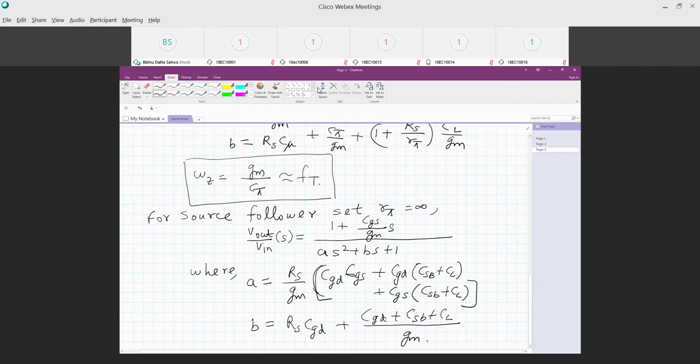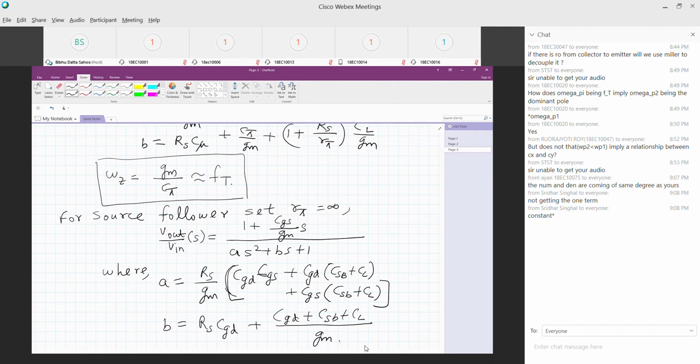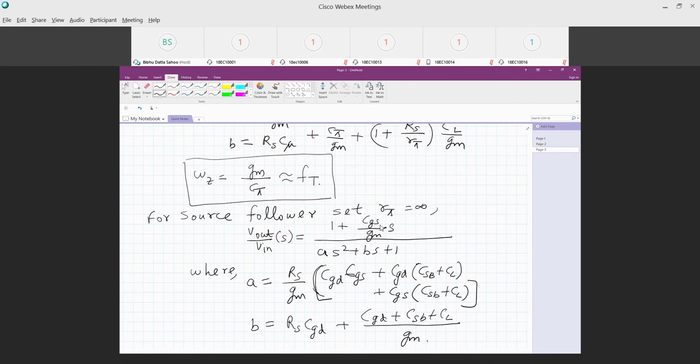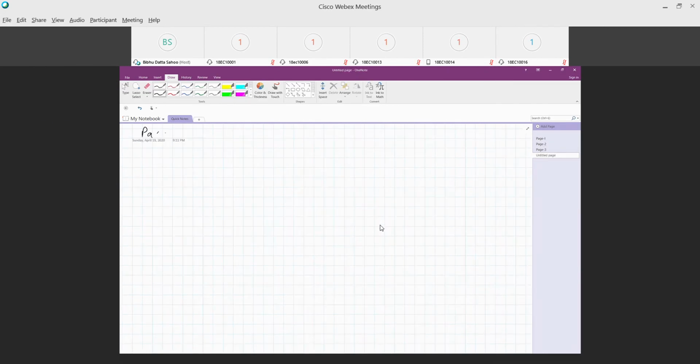Now keep in mind that for the differential amplifier, you will have a high frequency response of the differential amplifier.